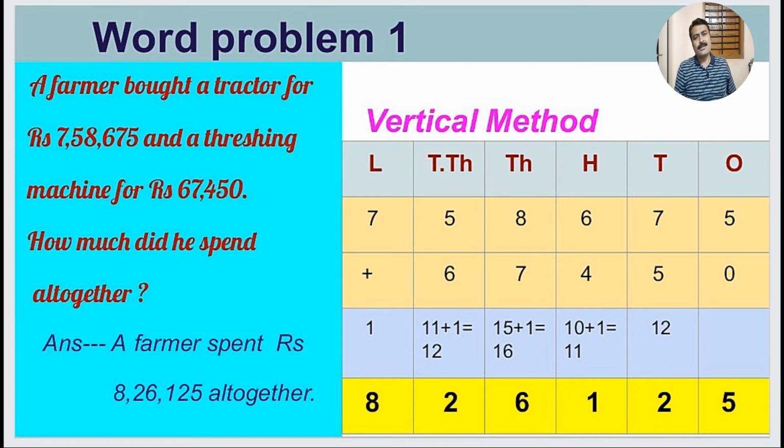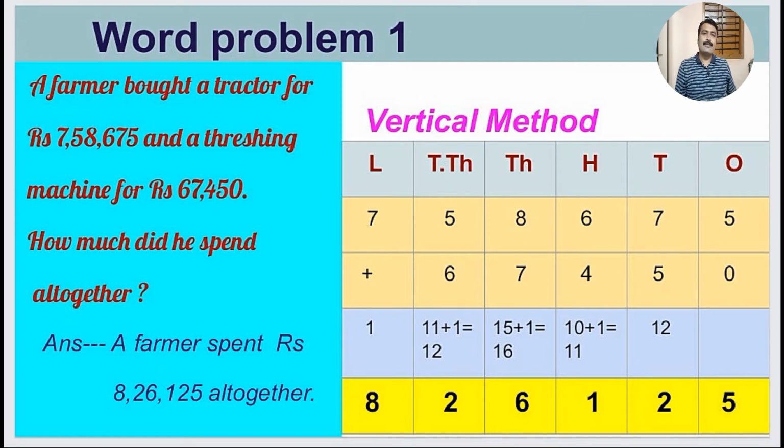So if you look at that example, farmer, the meaning of that word in our Marathi is shetkari. The next word, bought, is the past tense of the main verb buy. So bought means खरेदी केले, घेतले, विकत घेतले.